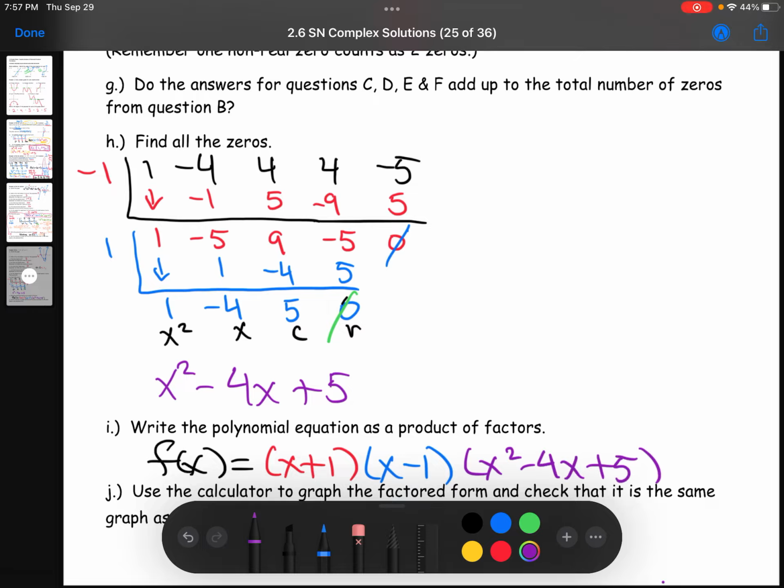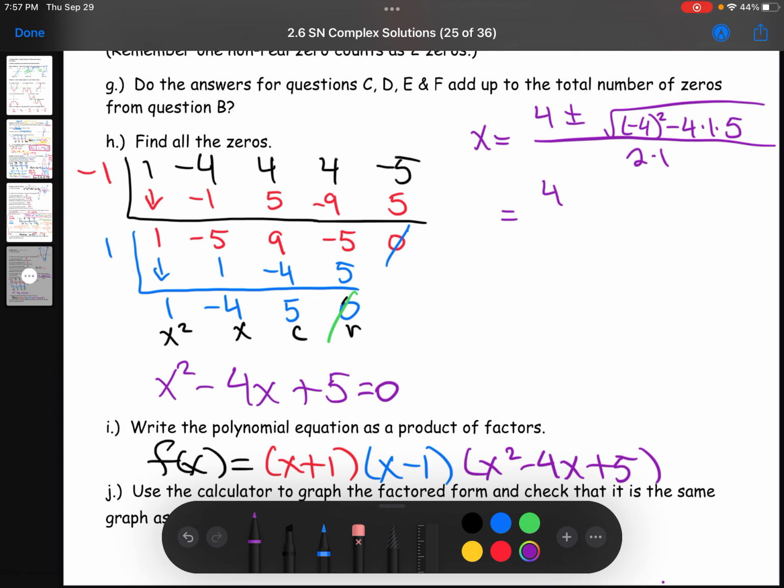So we take this final factor, x squared minus 4x plus 5. We set it equal to 0, and we need to use the quadratic formula to solve. So x would equal the negative of b is 4 plus or minus square root of -4 all squared minus 4 times 1 times 5 all over 2 times 1.